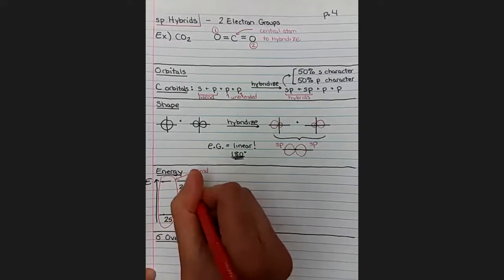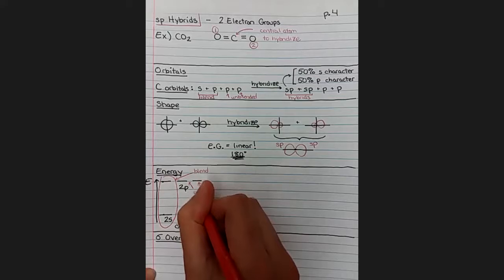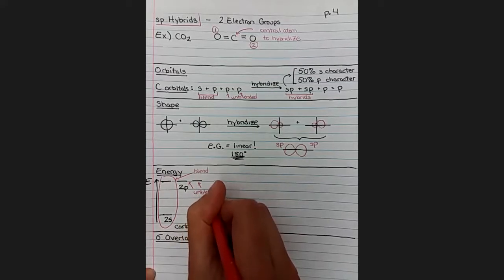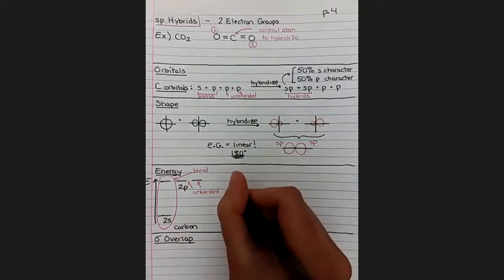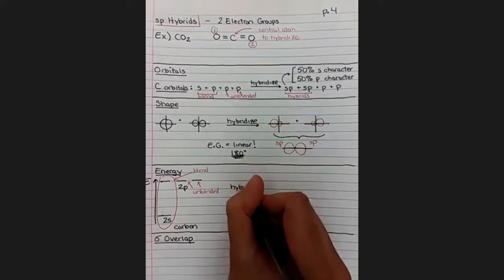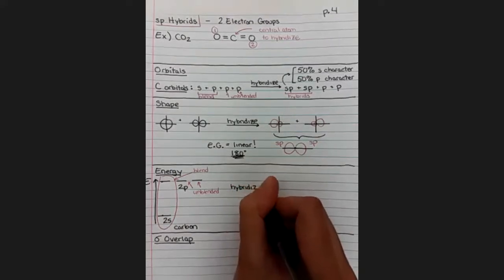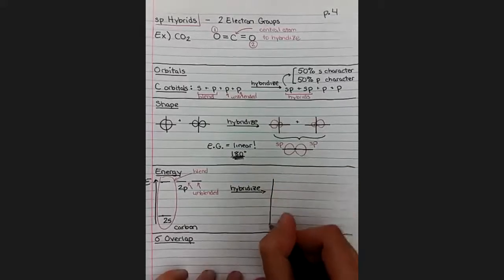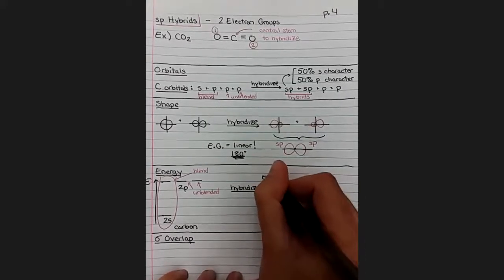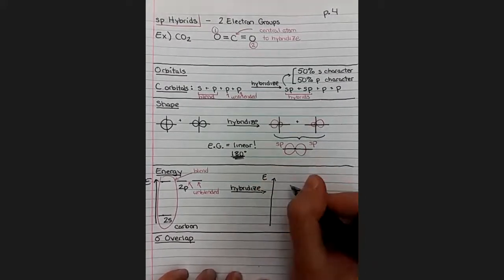And then our other 2 p orbitals are going to remain unblended. They're fine. We're happy with their energy. Put them through the hybridized machine. We always include our energy axis with a label.